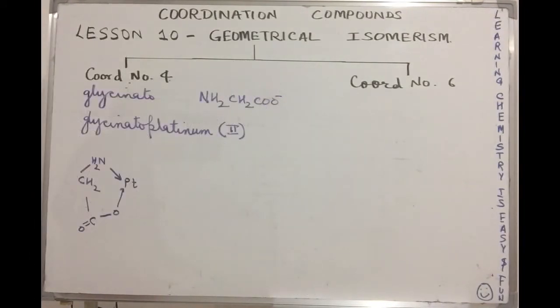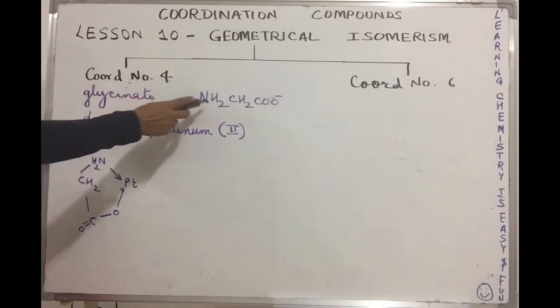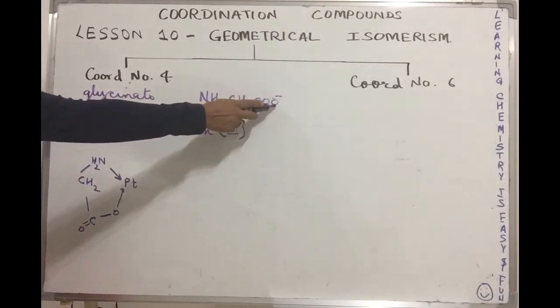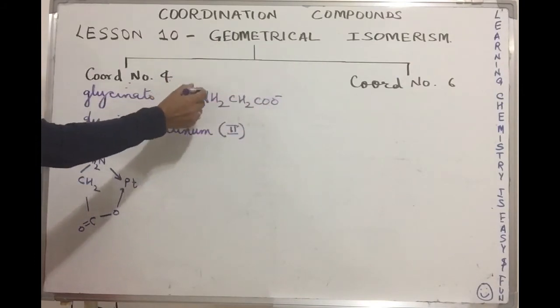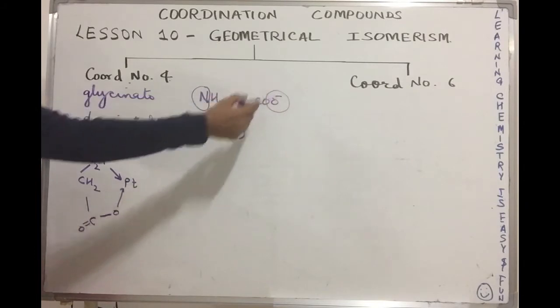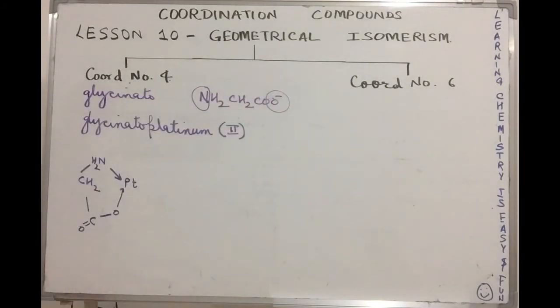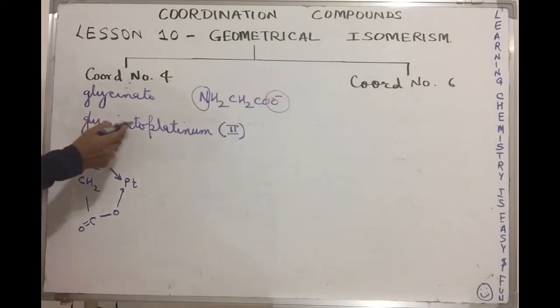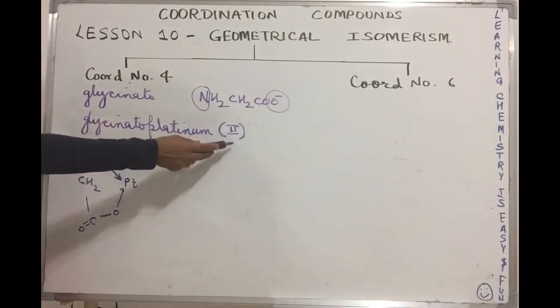I'm taking the example of a bidentate ligand, glycinate, NH2, CH2, COO negative, where the nitrogen atom is the donor as well as the oxygen, right? So it's a bidentate ligand. The example that we are taking is glycinate platinum 2.